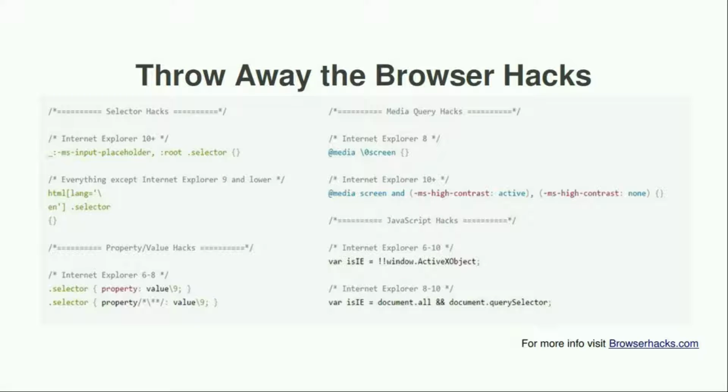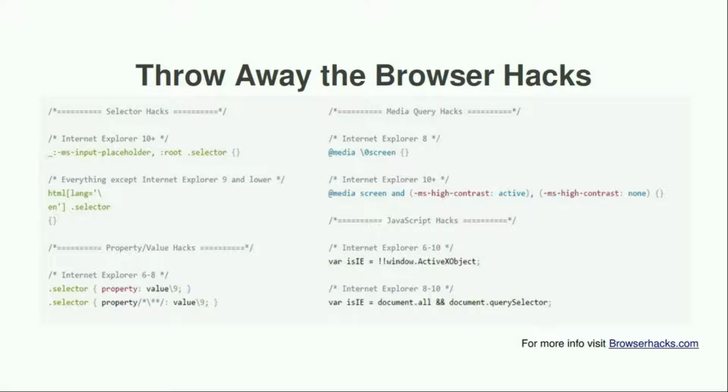If we're talking about browser hacks, there's a very nice website called browserhacks.com, which has very good documentation for all sorts of browser hacks, be they selectors, property value, even JavaScript hacks, and it's not only limited to Internet Explorer. There are several hacks for different versions of Firefox. There are hacks for Chrome, depending on the version.